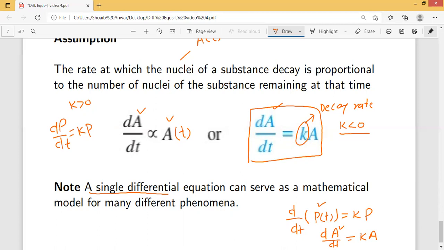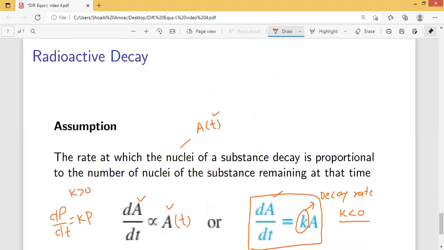So you can say that a single differential equation can serve as a mathematical model for many different phenomena, with k greater than 0 for the population model, and k less than 0 for the radioactive decay model.